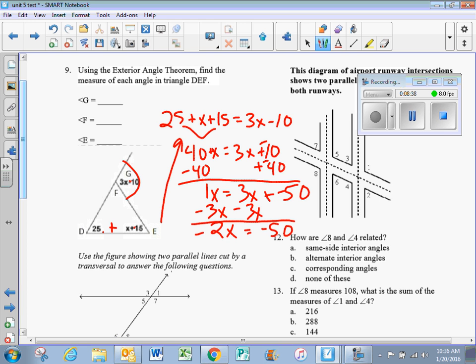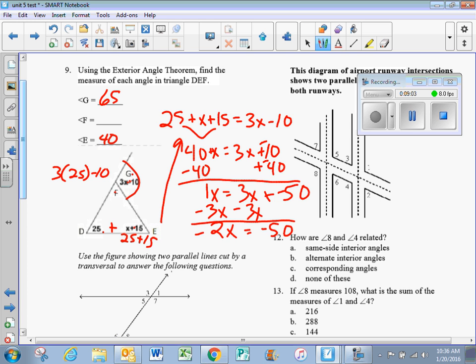Okay? So if x is 25, what is e? 25 plus 15 is 40. If x is 25, what's f? 25. If x is 25, well actually, I don't know that's 25 yet, sorry. If x is 25, this is 3 times 25 minus 10, which is 65, so g is 65.